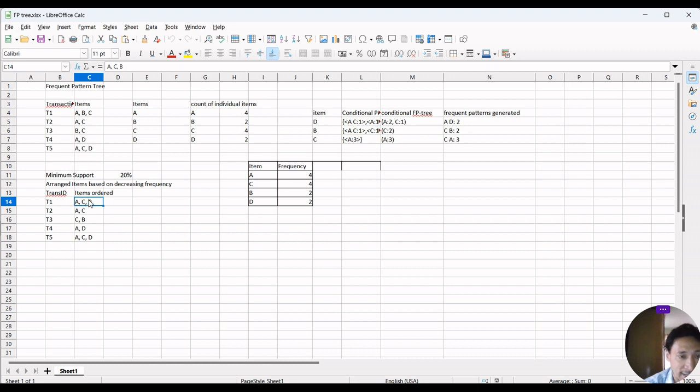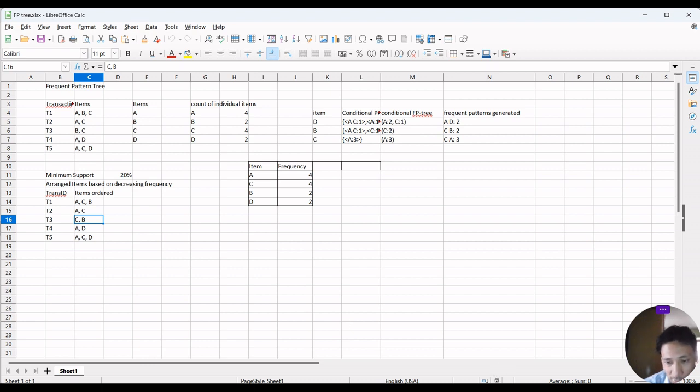So we are reorganizing these transactions. Here we can see in transaction 3 BC is written in original, but after rearranging it will become CB because C has highest frequency, that is 4, and B has frequency of 2 only. So 4 comes before 2. So in this way we reorganize the transaction on the basis of frequency of these individual items.